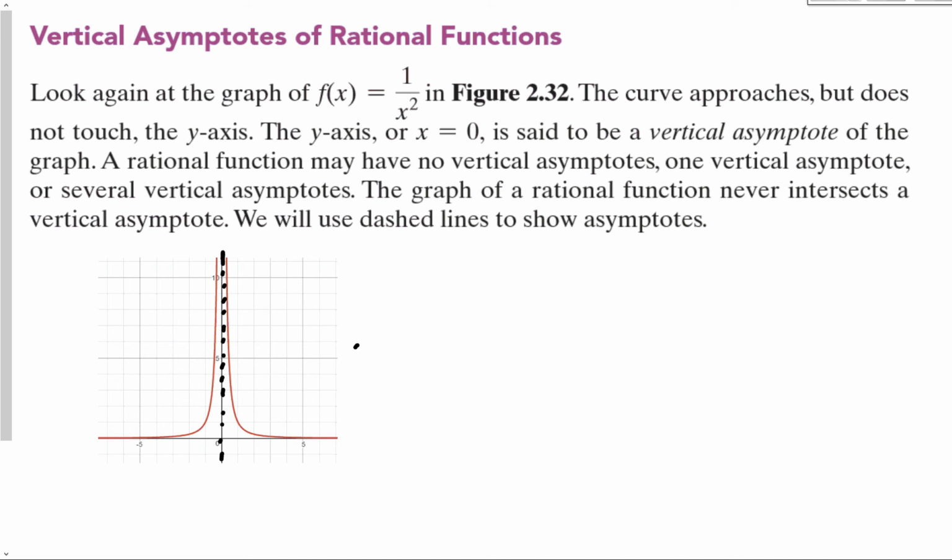The graph of a rational function never intersects a vertical asymptote, and we will use dashed lines on the graph to represent them. It's always a good idea, now and when we graph trigonometric functions, to use dashed lines to mark vertical asymptotes, because it shows whoever is looking at your graph that it is something the graph never crosses.